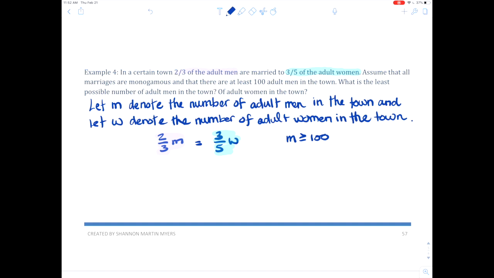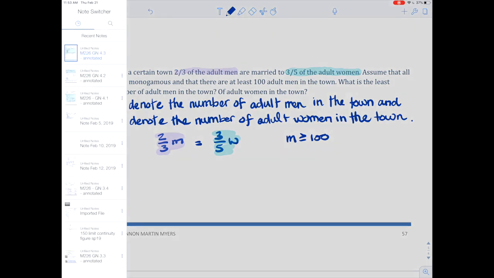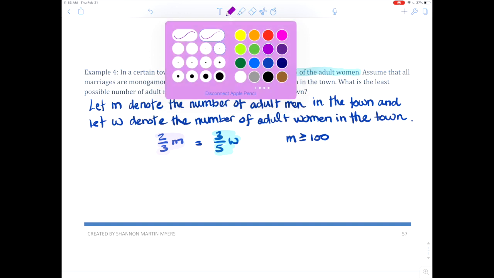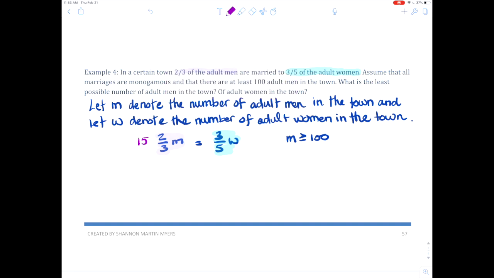And working with this equation that we've made, do you see this is equivalent to, if I clear out the denominators, times 15, I would have 10m is equal to 9 times w.